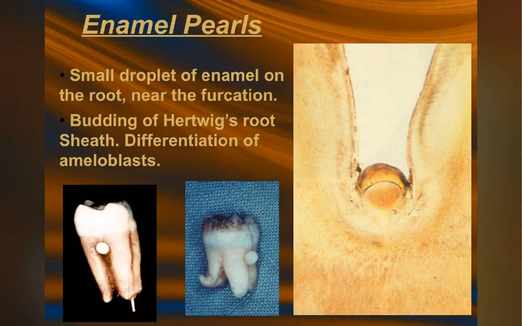And this will return as the structure of the enamel organ, which has the ability to secrete enamel. So, budding of Hertwig's epithelial root sheath and differentiation of ameloblasts.